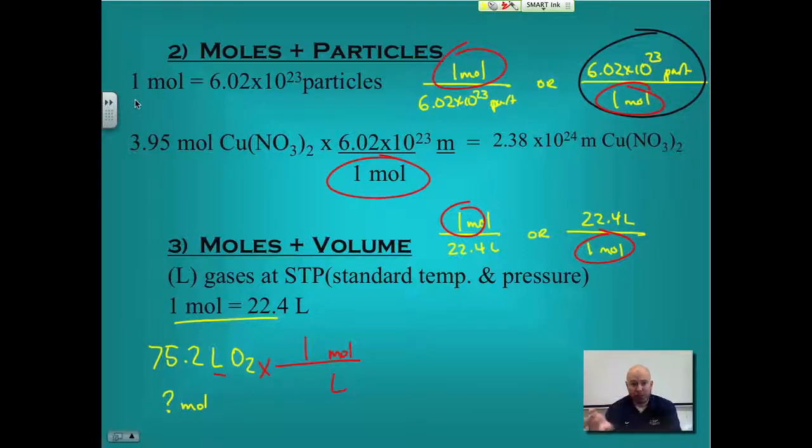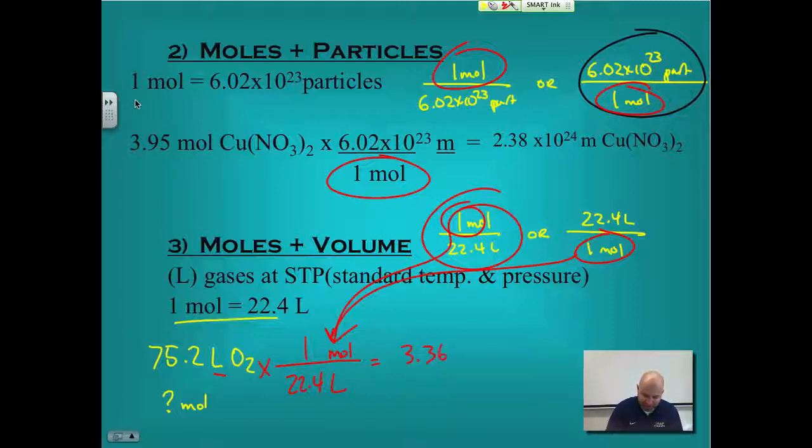And then I say to myself, what's the liters? 22.4. So this one is the conversion factor I'm going to be using. Because the 22.4 is in the denominator, I'm going to divide. So let me take out my trusty calculator, 75.2 divided by 22.4, and I get 3.36 moles of O2. There would be my answer for that one.